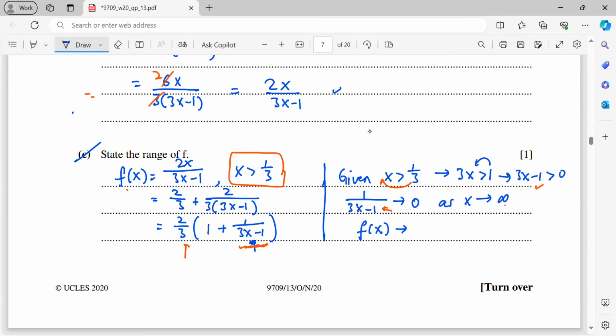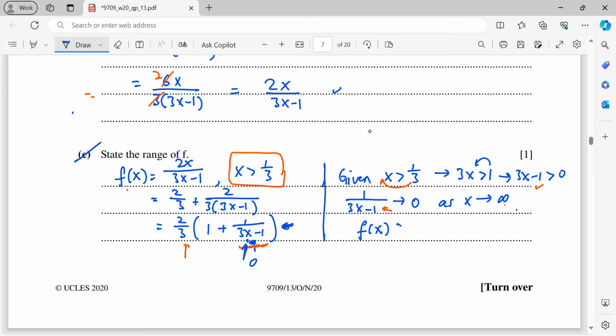Not approaching, I will say, because when x tends to infinity, when it is a large value, this value will tend to 0. Now, x is greater than 1 over 3. So when you substitute 1 over 3 into 1 over 3x minus 1, here will be 0. This whole term, 1 over 3x minus 1, at last will tend to 0.